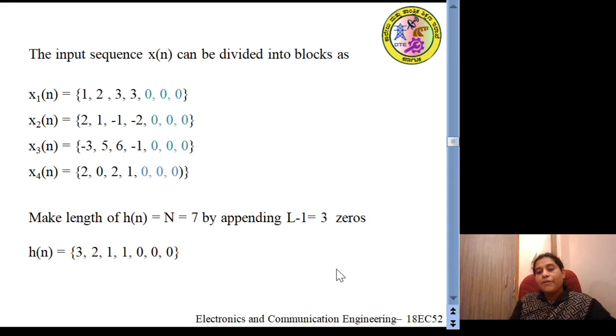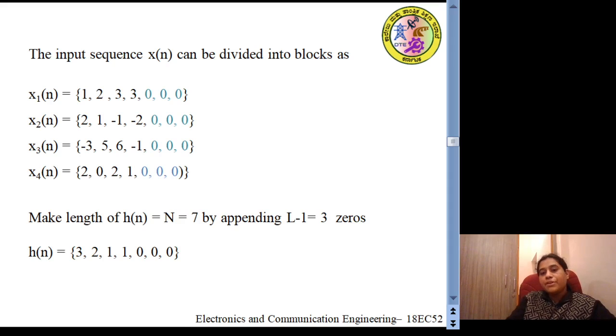Now we have to divide the input samples into a number of blocks. So what we will be doing is dividing such that each block has N number of samples, where the first L samples are the samples from the input signal x of n, and M minus 1 appended zeros.